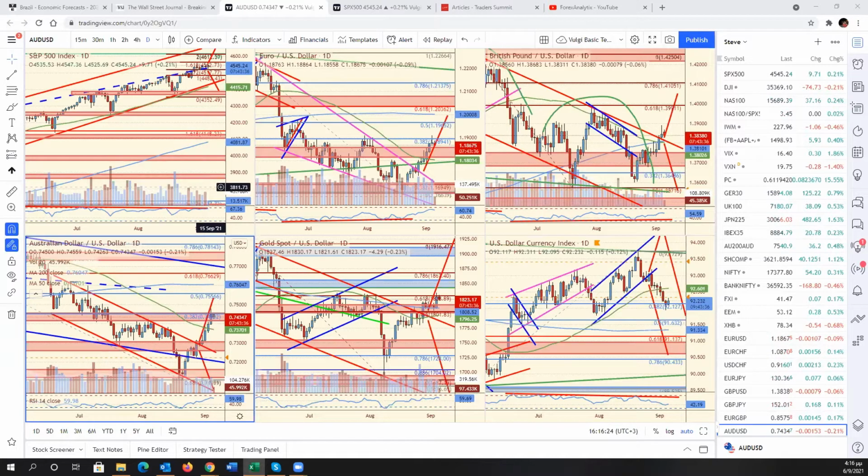weak, as we discussed on Friday, weaker than the market would have wished for, because I think the market wishes for somewhat weak data that would keep the Fed as far away from tapering as possible.